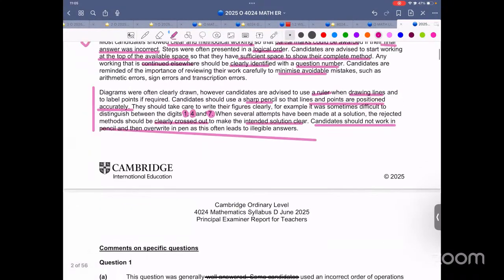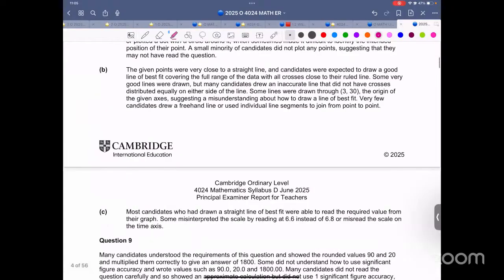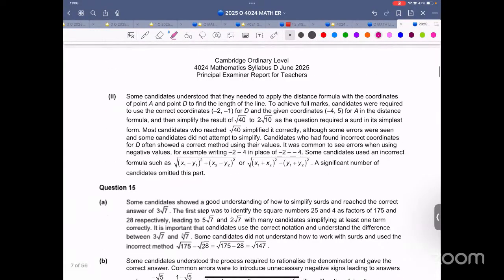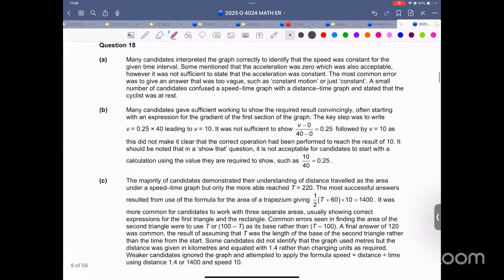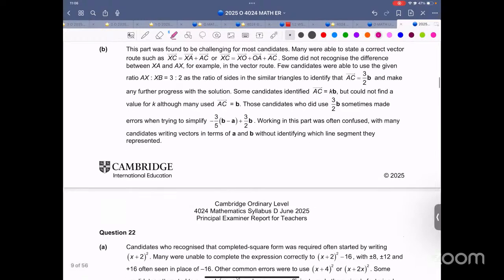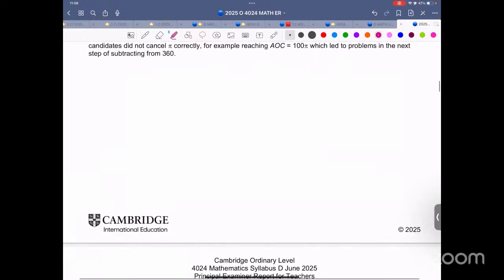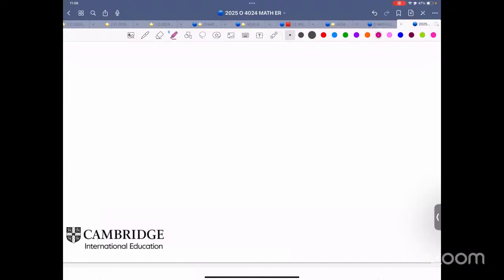So basically, that is more or less the story. And this is all the examiner report. Every single question explained in detail. From my side, what I will tell you is this thing, that just stay calm. That is the first thing.